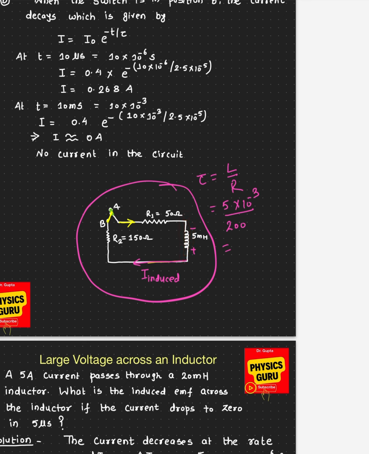And after a long period of time the current is 0, that means it behaves as an open circuit, or as disconnected from the circuit, and that's the reason we got 0 ampere. So the inductor at time equals 0 behaves as a short circuit, and after a long period of time it behaves as an open circuit for a current decay.